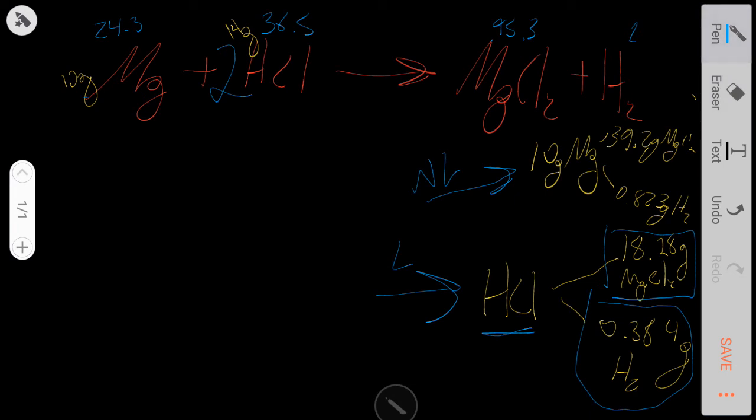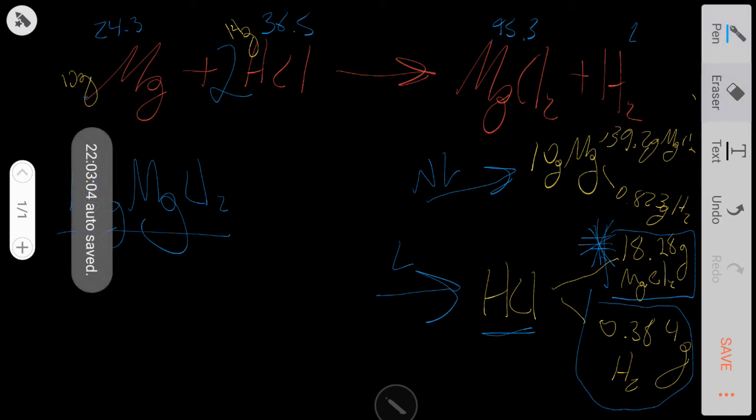So let's say we actually did this in lab and we were able to get 16 grams of MgCl2. We did the lab and we were able to get 16 grams of product. But when we were doing our calculations, we said, hey, we should have been able to get 18.28 grams. So in this case, you'll find out what was my percent yield, what was the percentage of what I was able to actually make, okay?